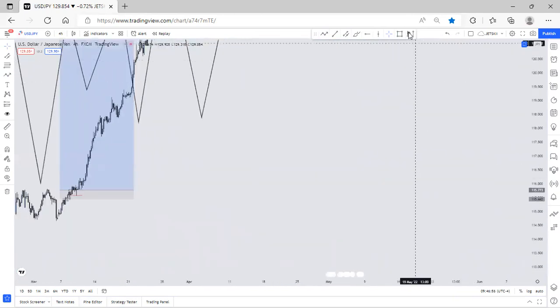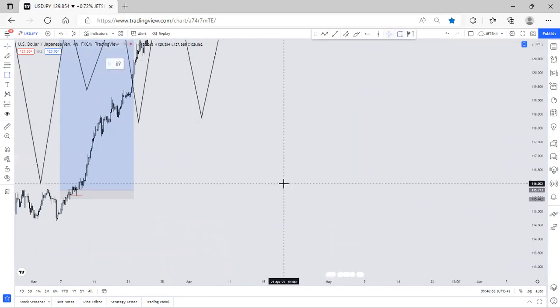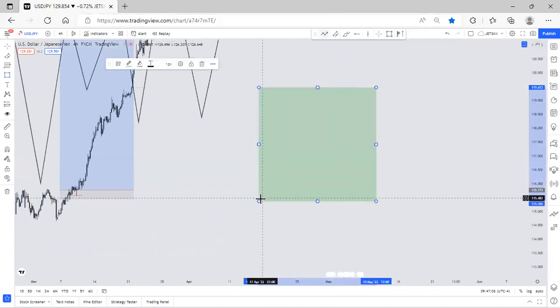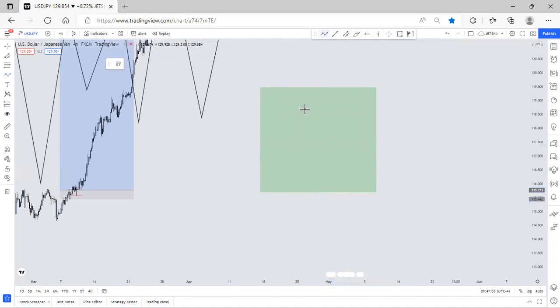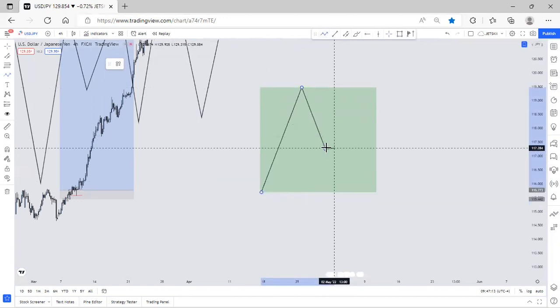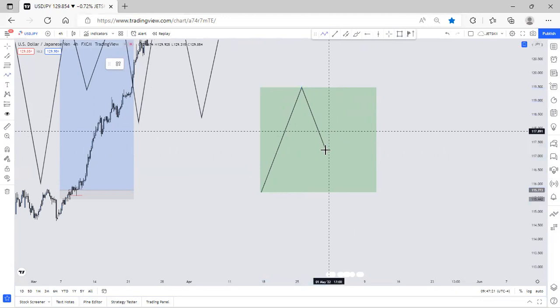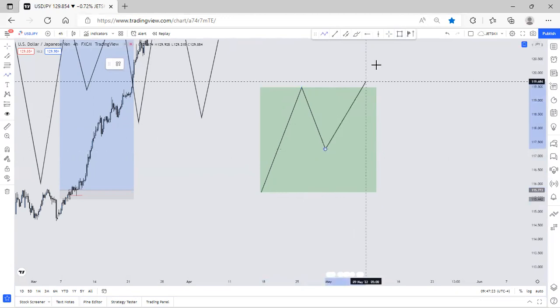So don't forget the most important thing for you to do, just to know where the market is going, right? And then you make sure you look for your pullbacks, right? You want to be buying here, and at your pullbacks, you make sure you have something which is supporting you to be buying the market.